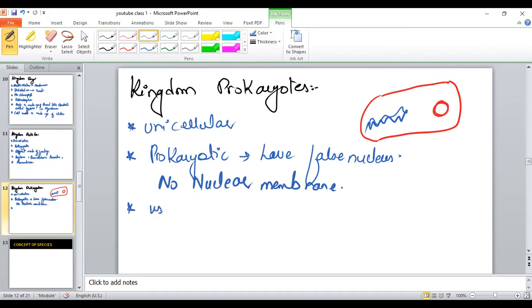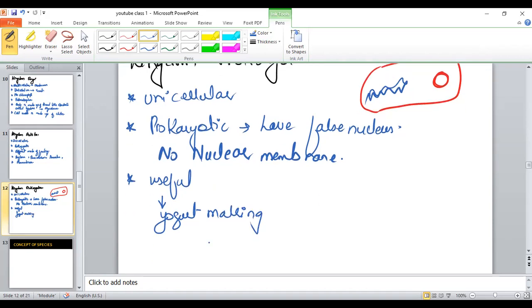Some bacteria are useful. We are using bacteria in different processes, like in yogurt making and cheese making. Some bacteria are decomposers also, which make our soil fertile, like nitrogen fixing bacteria. Then some bacteria are also harmful for us, like they can cause infectious disease, including tuberculosis, which is a bacterial disease.